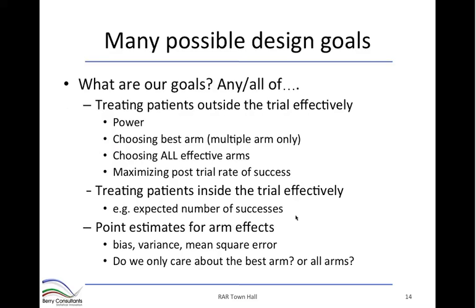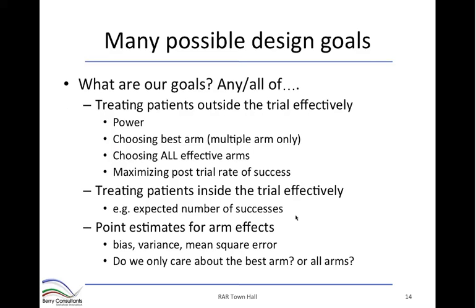So what kind of goals might we have? We could have any or all of the following. And I'm going to keep this slide and reuse it and talk about, in different studies, which goals we care about. And I'm also going to give report cards on which goals certain design choices do well.